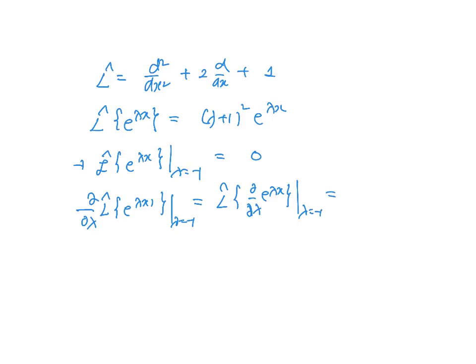If you differentiate this, lambda plus 1 squared exponential lambda x plus 2 lambda plus 1 exponential lambda x is again 0, right?